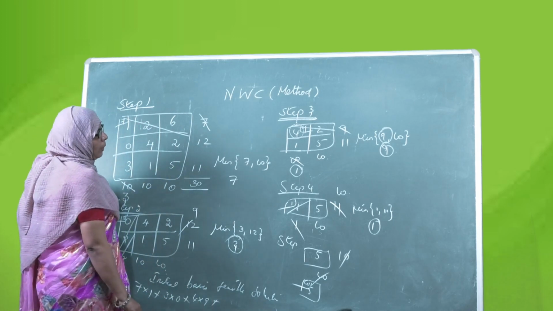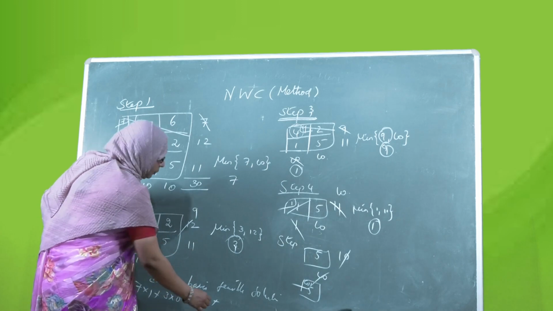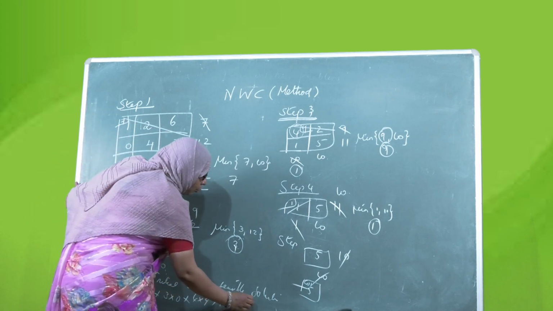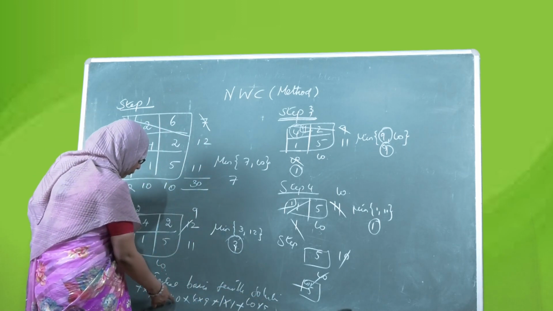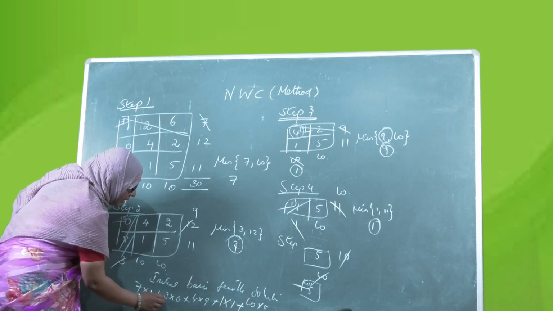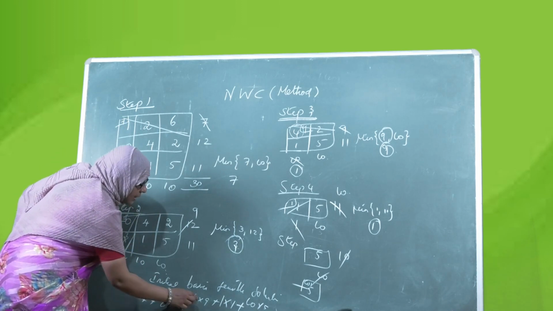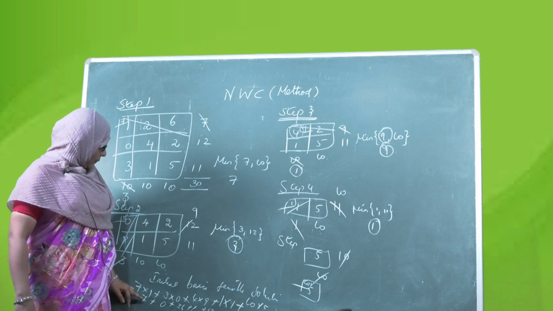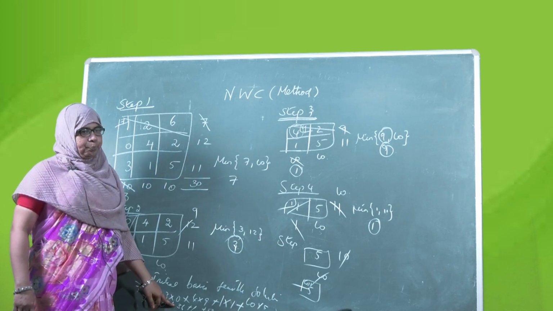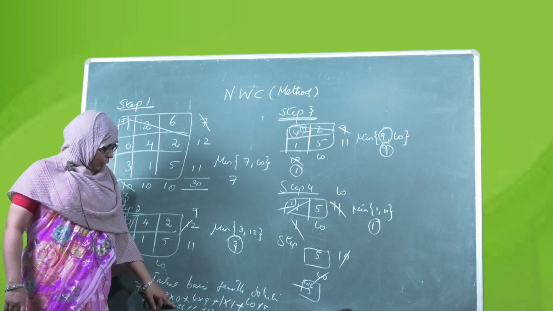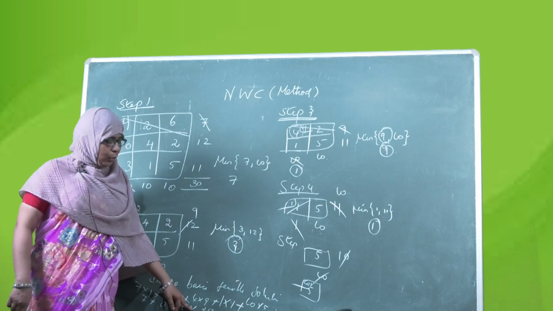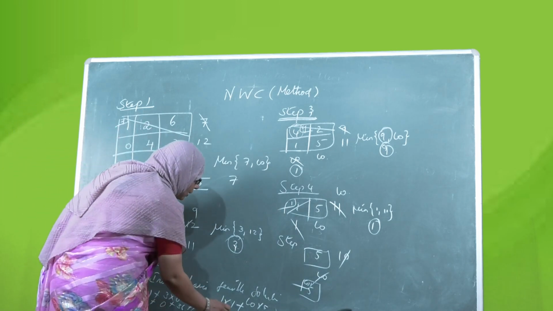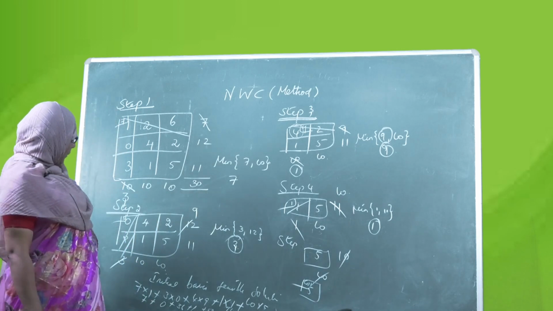Plus step 4, 1 into 1. Plus step 5, 10 into 5. So 7, 0, 36 (4 nines are 36), plus 1, plus 50. So 7 plus 36, 43. 43 plus 1, 44. 44 plus 50, 94. The answer is 94.